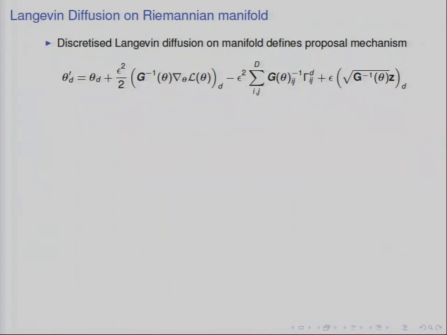And so what we did is we took the stochastic differential equation that we had employed, which defined a diffusion. It was a diffusion that was developed within a Euclidean coordinate system.